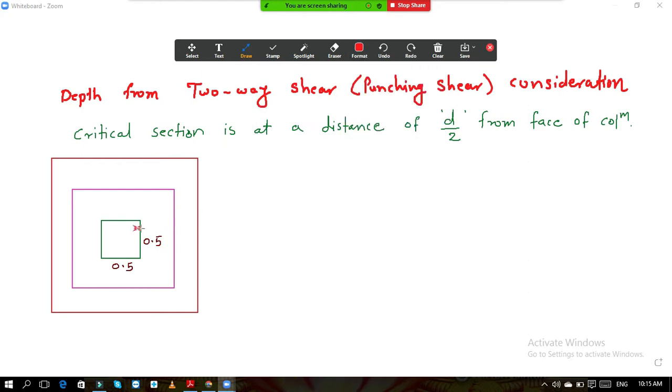So this distance is d by 2, this is also d by 2, on the upward side it is also d by 2, and here it is also d by 2.